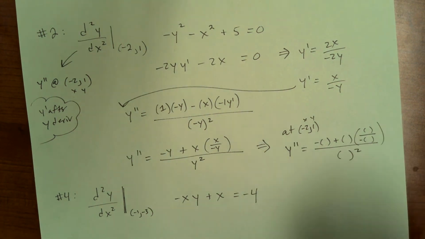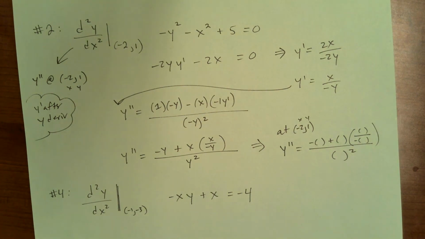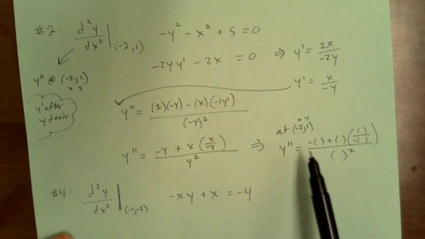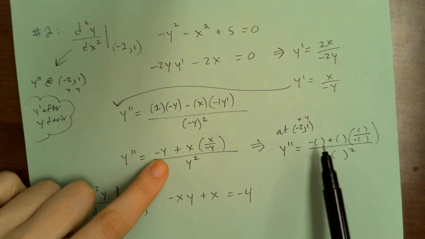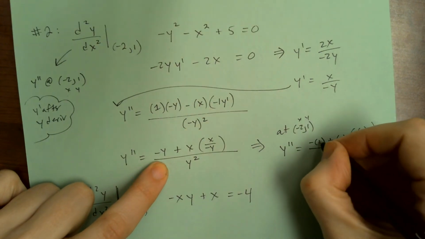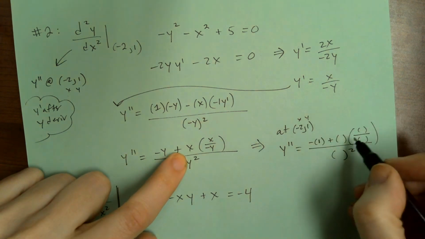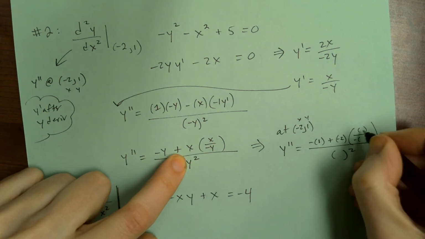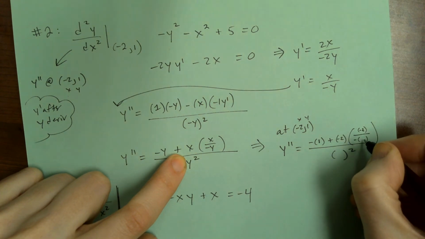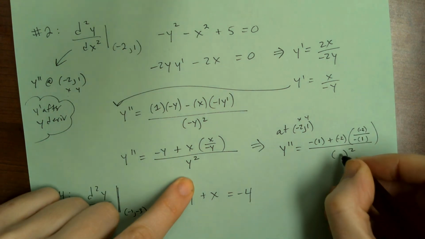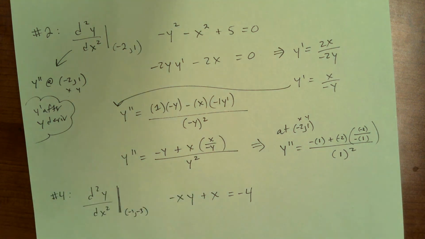You don't have to do the blanks like I do, guys, but it does help with negatives and stuff. So this was a y, so that's a 1. This was an x, so -2. This was an x, so -2. This was a y, so 1. This is a y, so 1.